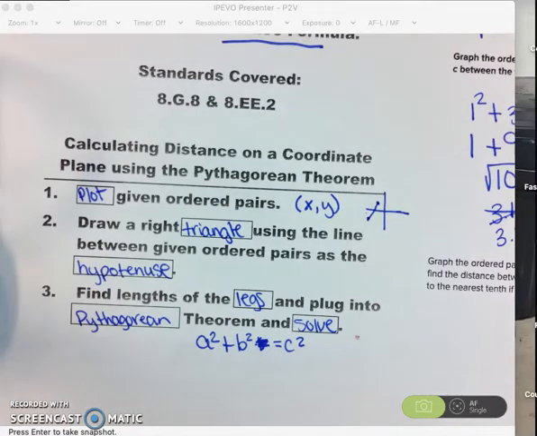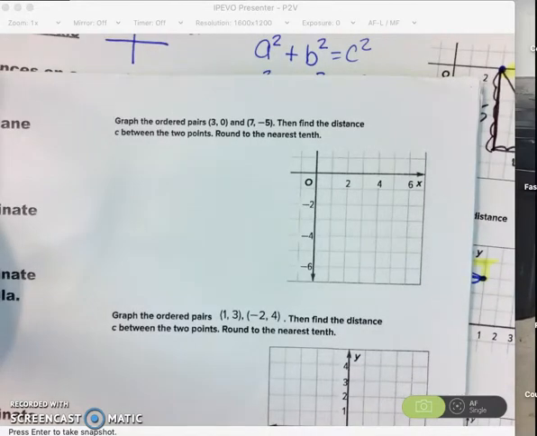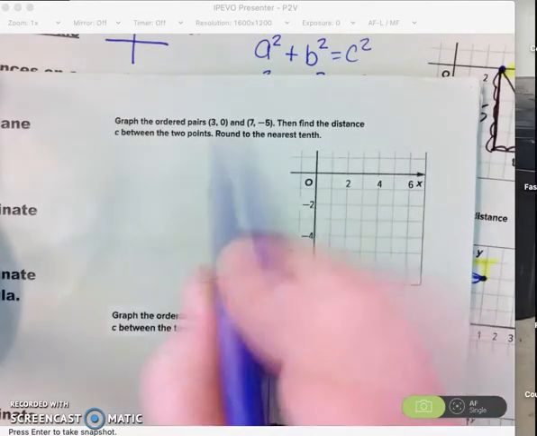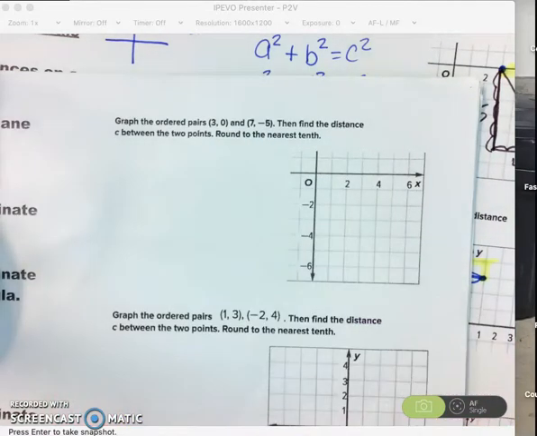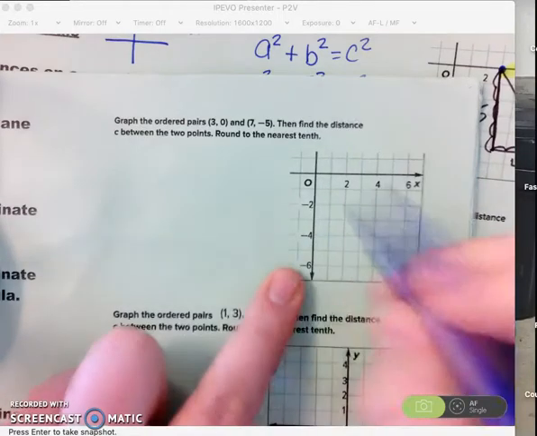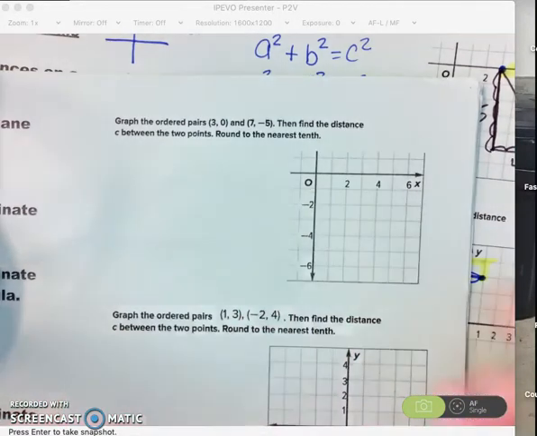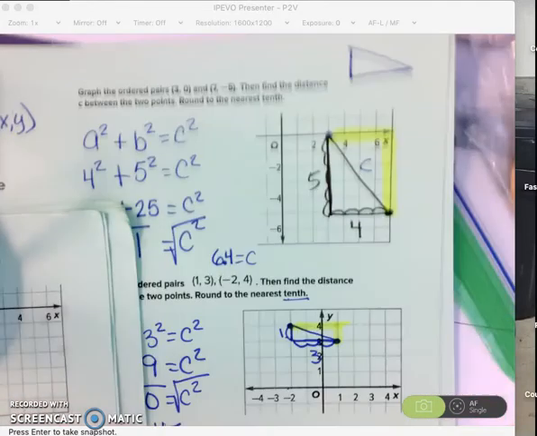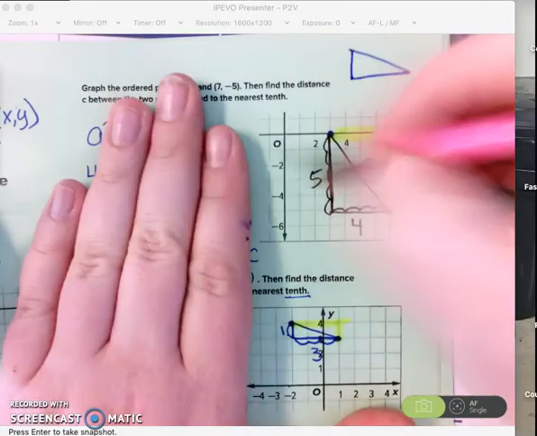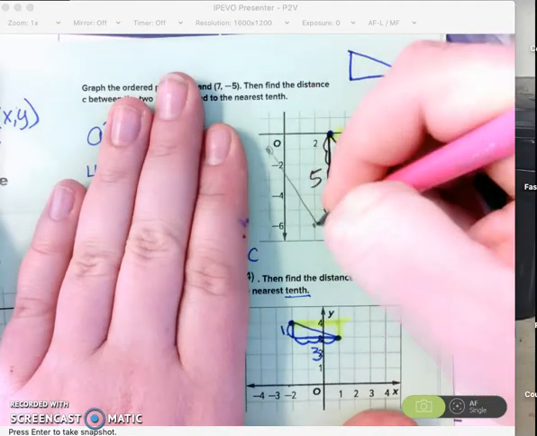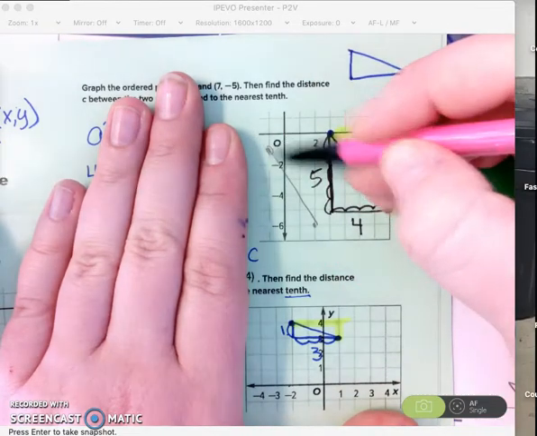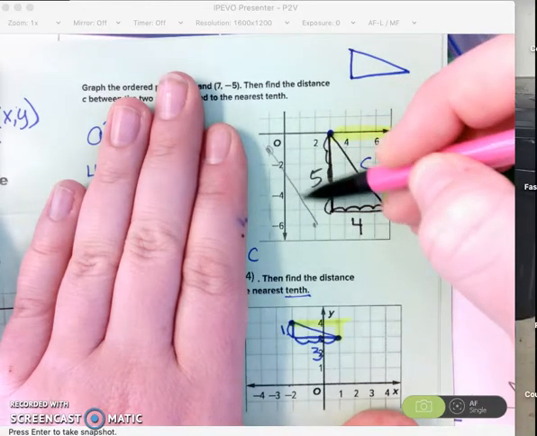Okay. So we have our first example. Graph the ordered pairs 3, 0, and 7, negative 5. Then find the distance c between the 2 points. So on a coordinate plane, we need to find the distance between 2 points. If I have 2 points, say here to here, you can't just guesstimate and say, well, this is 1-ish, 2, 3, 4.